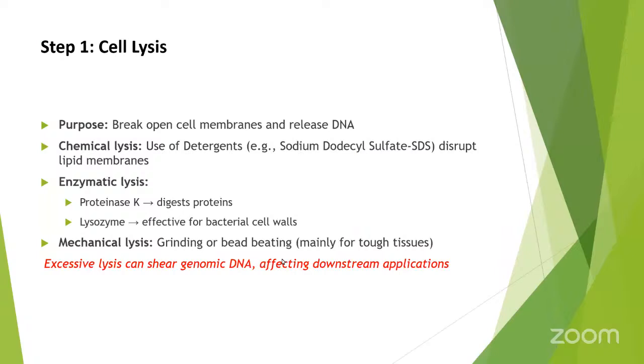We also have enzymatic lysis: proteinase K, which digests protein, and lysozyme, which is effective for bacterial cell walls. Mechanical lysis is grinding and beating, mainly for tough tissues. Remember the caution: excessive lysis can shear genomic DNA, affecting downstream applications.